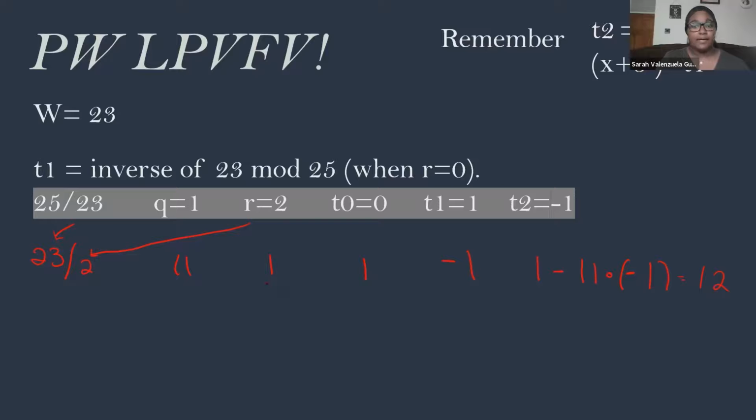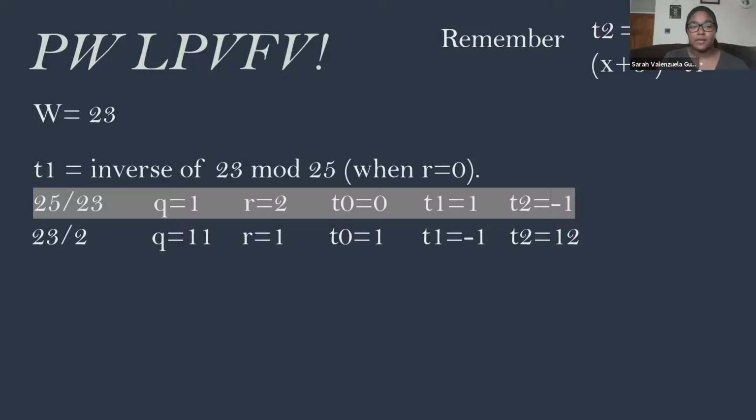And our remainder is not 0, so we have to keep going. So now we have that our B is going to turn into our next A. Our remainder is going to be our next B, 1. Our quotient in this case is 2, and our remainder is 0. So T0 is going to be T1, so minus 1.